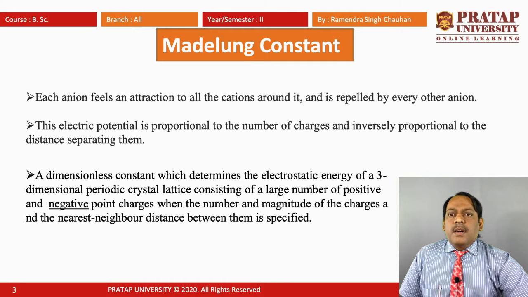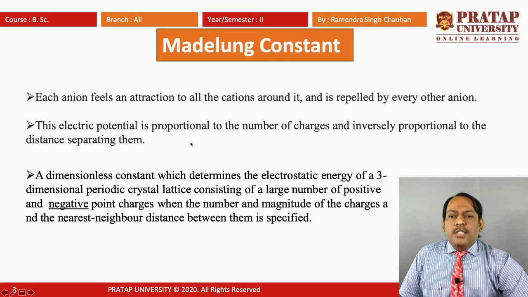So each anion, what are anions? Negative ions. It feels an attraction to all the cations around it. Cations are positive ions. And it is repelled by every other ion.